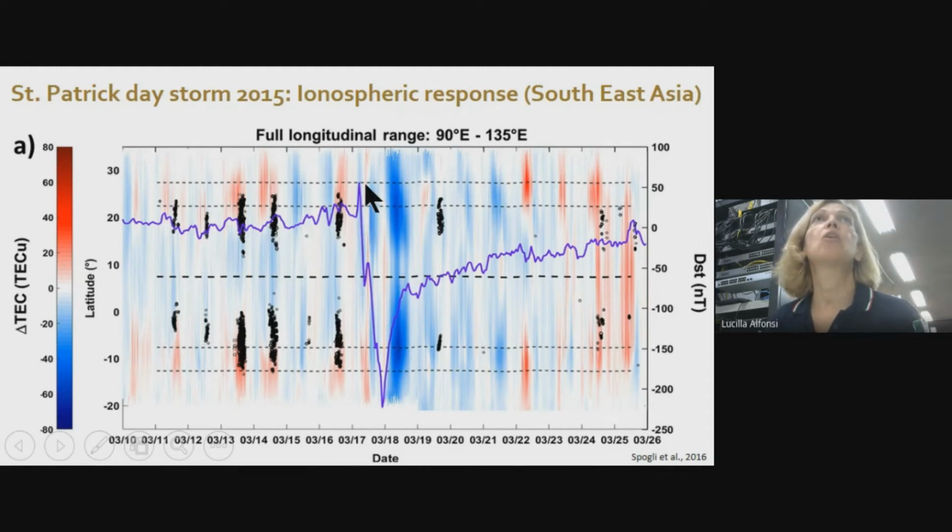Then there is the sudden commencement. Then there is the main phase of the storm, but again, the main phase with the peak of the storm, then a recovery phase, but full of what we call substorms, that are storms embedded in the principal storms.